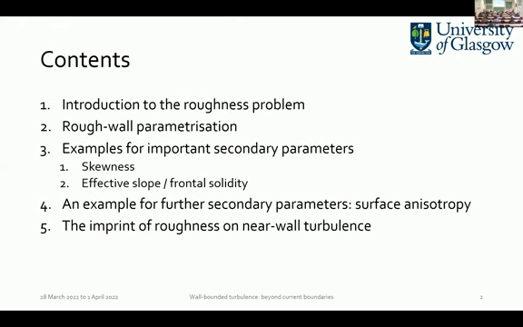And then I will also point out that these two parameters, including the roughness height, are not sufficient to capture all topography effects that matter, by showing an illustration for an example, which shows surface anisotropy also matters, just as an example for further parameters that enter the problem. And in the last part of the talk, I will take a little bit of a different viewpoint by looking at the imprint of roughness on near wall turbulence.